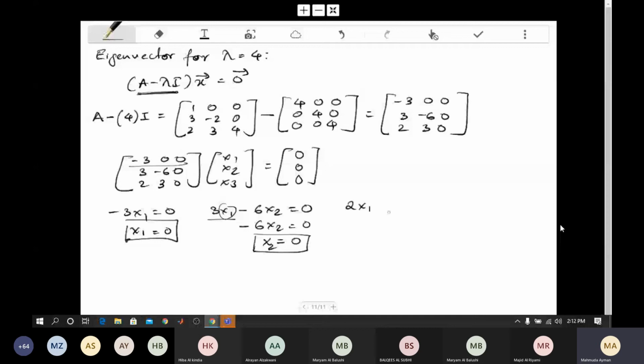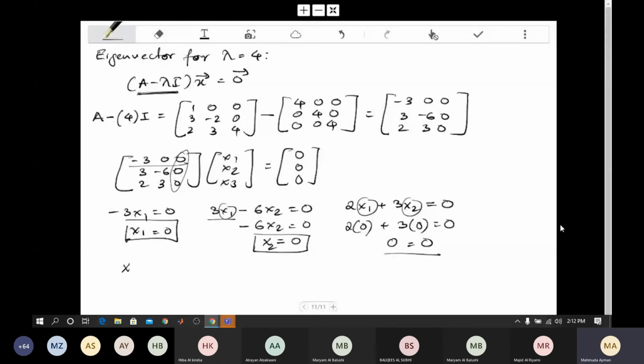Now for the third equation we have 2 times x1 plus 3 times x2 plus 0 times x3, so that's 0, so we don't need to write that here. This is equal to 0, and we know x1 and x2 are both zeros. So you have 2 times 0 plus 3 times 0 is equal to 0, so 0 is equal to 0. So we have no information about x3, as you can see over here. This makes x3 a free variable, so we can just choose a value for x3.